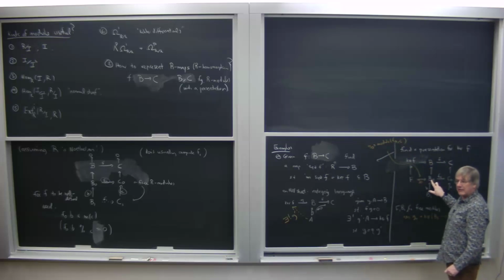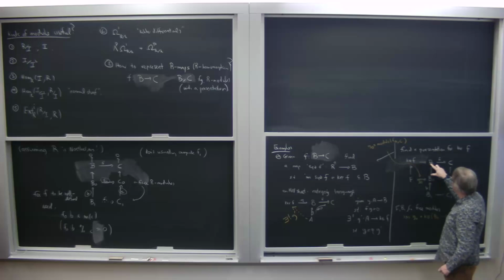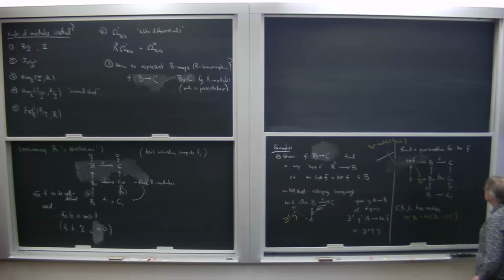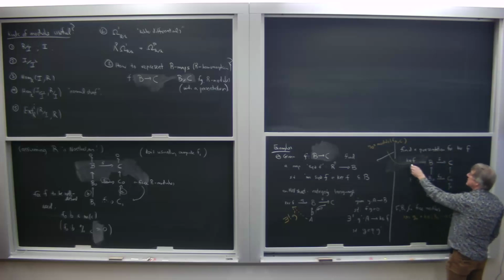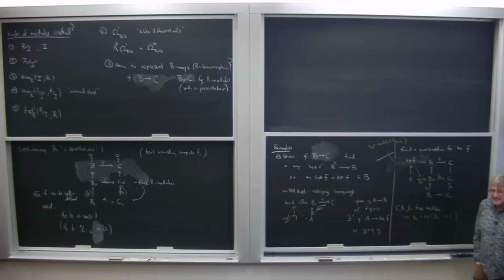So it's a diagram chase kind of thing. If I have an element of the kernel, you lift it to here, but that goes to 0 now, and therefore it's in the image of this. So if I just take this map to here, the image is the kernel of F.